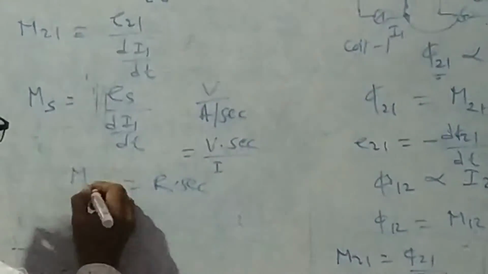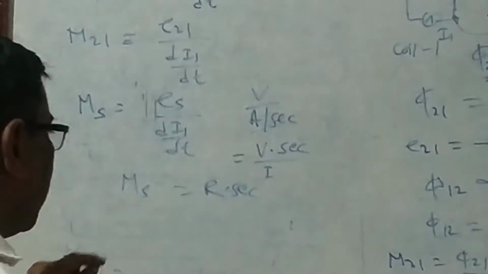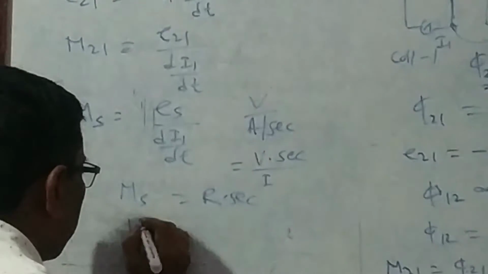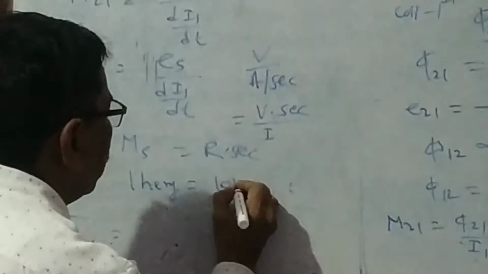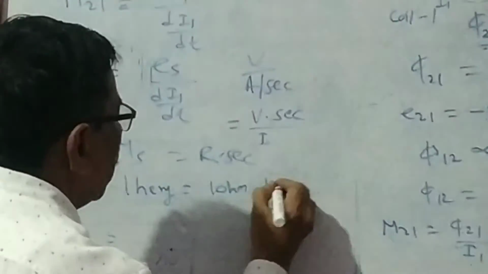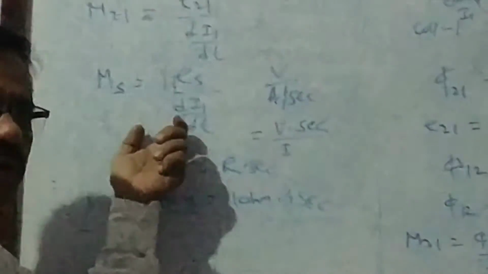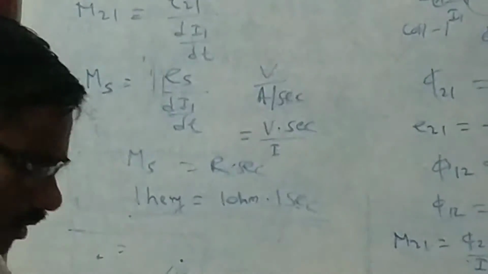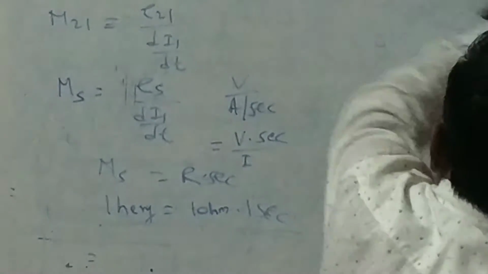This is the unit, so mutual inductance is also measured in Henry, and 1 Henry is equal to 1 ohm into 1 second. This is the alternative definition of mutual inductance.